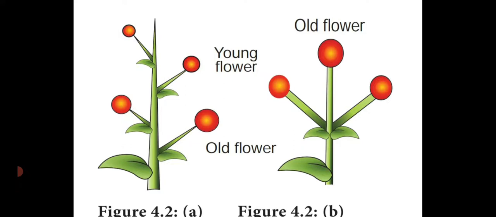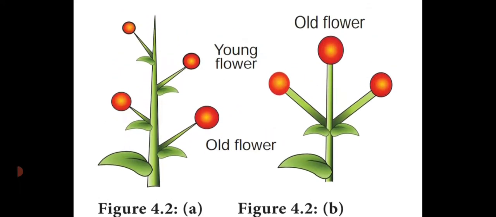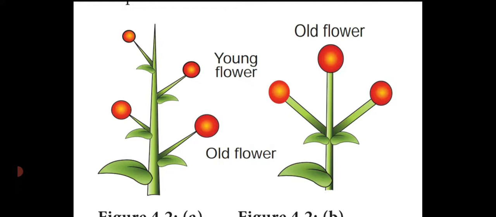When coming to the cymose inflorescence, at the tip of the main axis it ends with only one matured flower, that means old flower. In the lateral side, 2 flowers are produced on either side, which consist of young flowers.